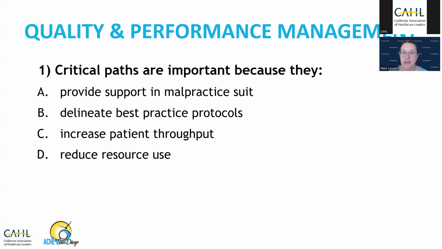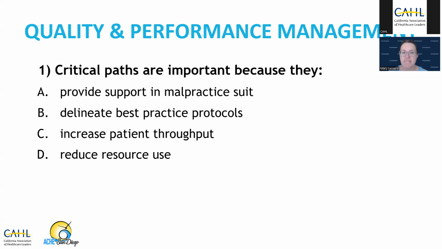B is delineate best practice protocols. I might have given away the answer in defining, at least from my perspective, simply what critical paths are. But let's look at C and D just to make sure that B is the best answer. Increase patient throughput.